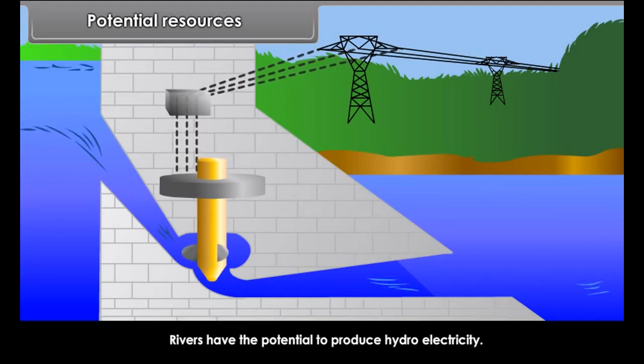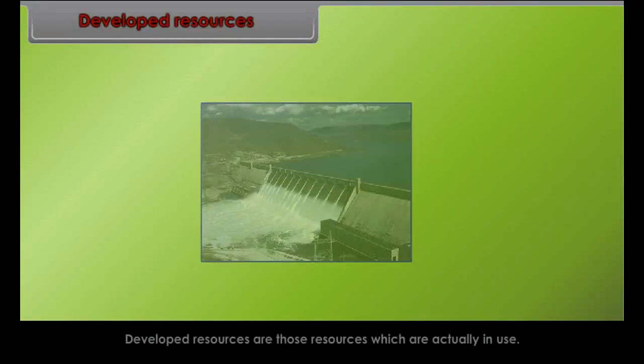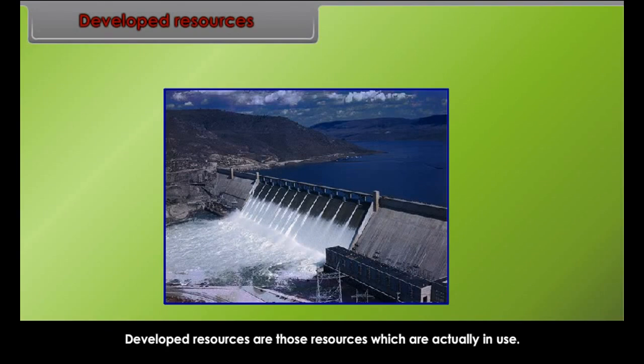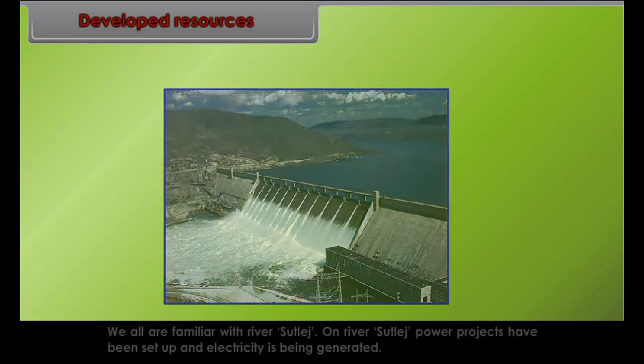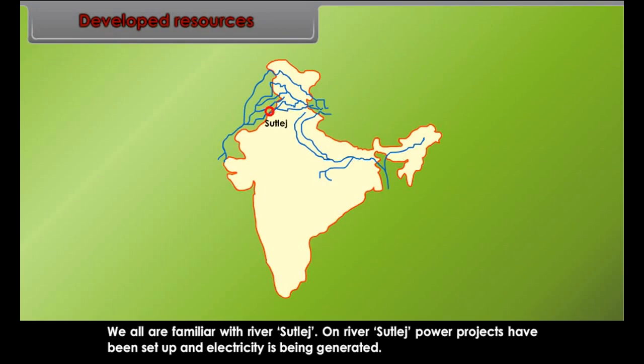Potential resources. This is another type of resource which exists in a region and could be used in future. Here, we can understand the meaning of potential resource more clearly through an example. Rivers have the potential to produce hydroelectricity. Developed resources.